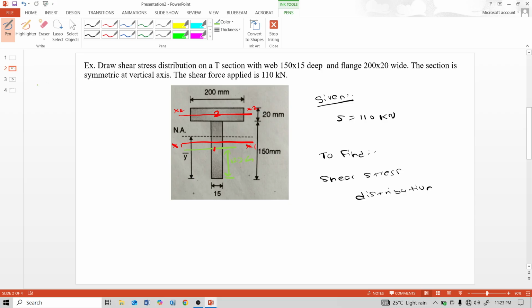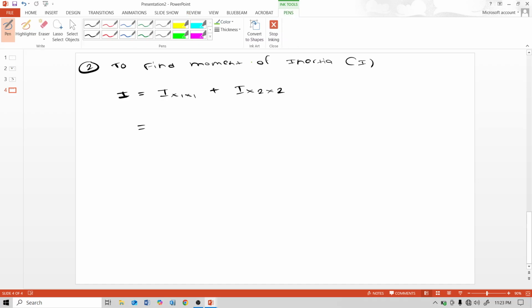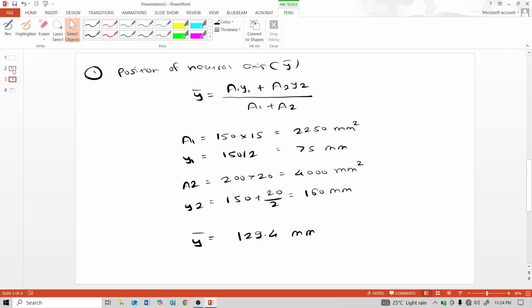For the calculation of Ix1x1, the parallel side is 15 mm, so it is 15 into 150 cube divided by 12, plus the area of the web part, 15 into 150, which is 2250, multiplied by the distance between y bar, 129.4 mm, and y1, 75 mm.